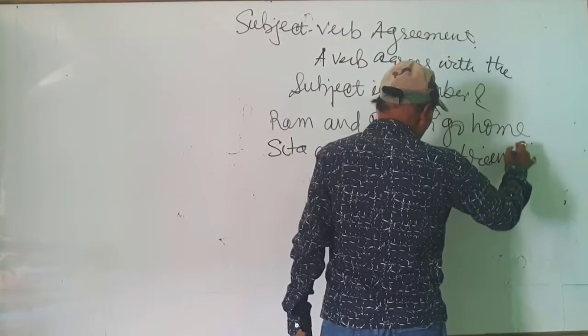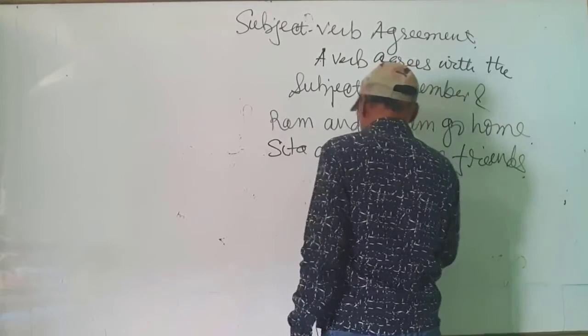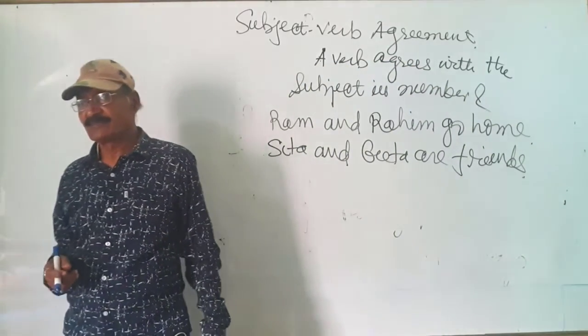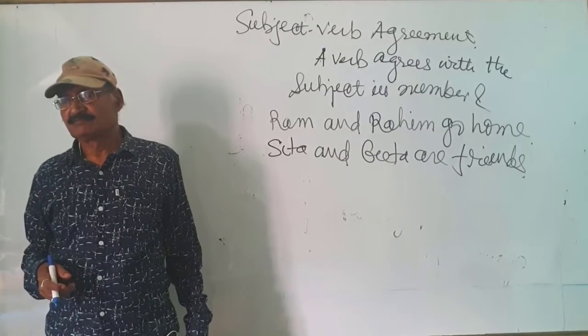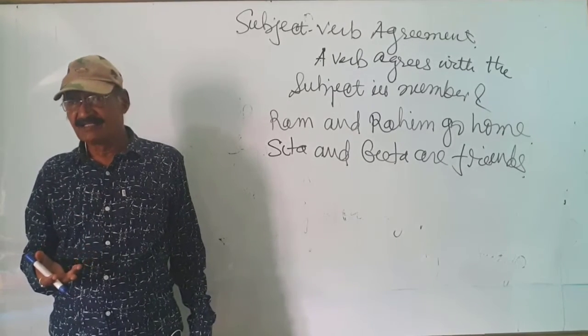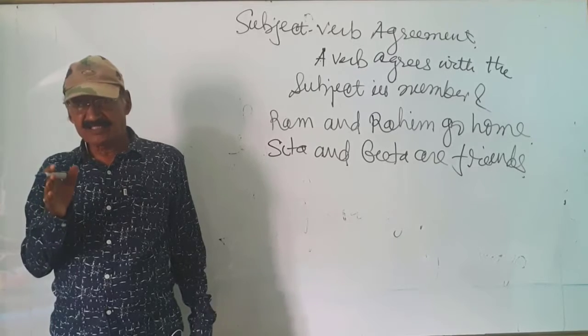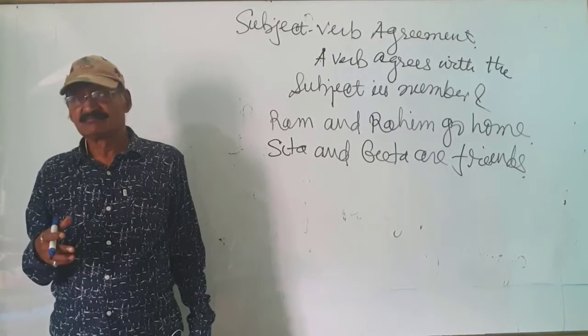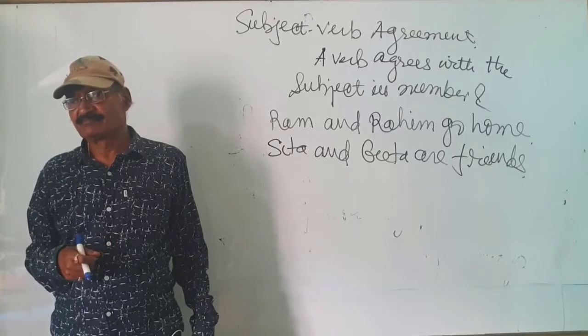Sita and Gita are friends. It means you are using a plural verb. But we have already said that with the third person, we use a singular verb.